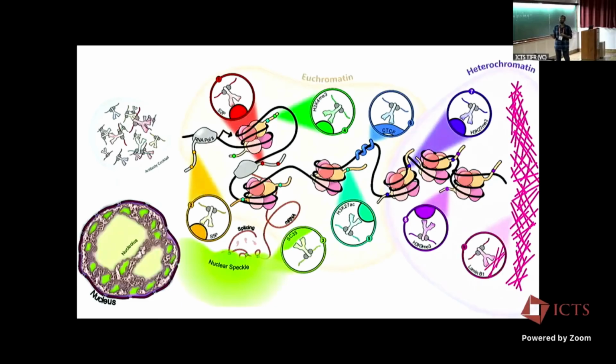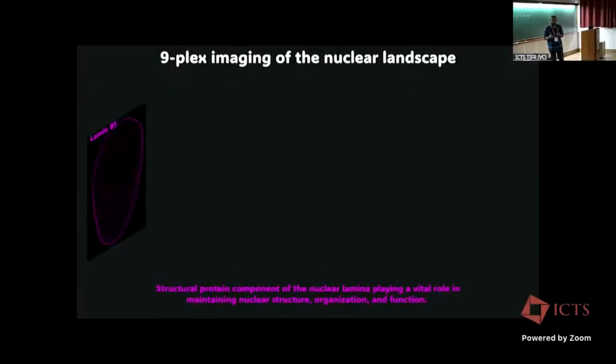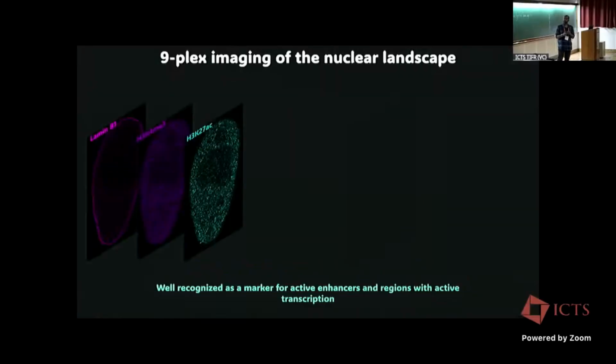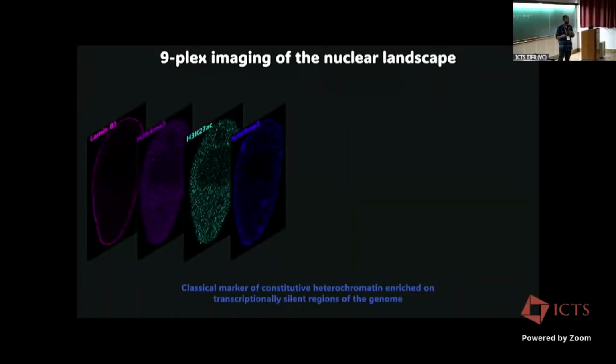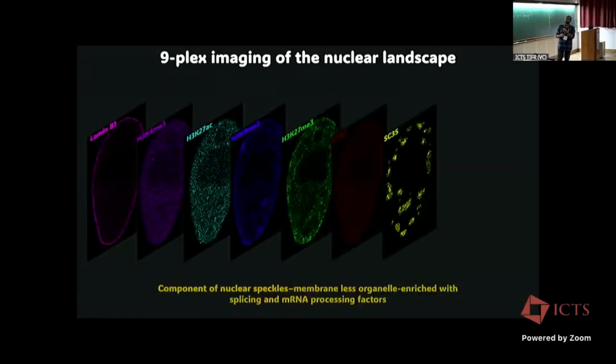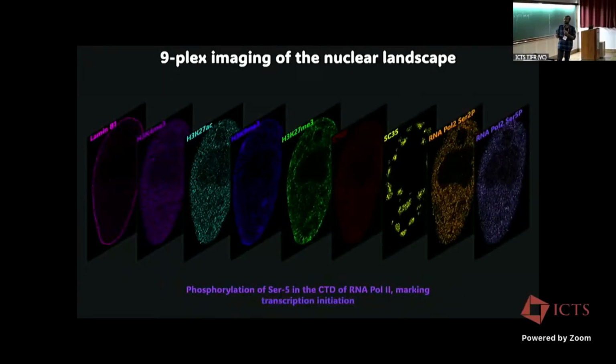So we are covering factors which are predominantly located in the euchromatin and also factors which are predominantly located in the heterochromatin. And now I would like to skim through these images where we are looking at each target. So these are 9 rounds of DNA-PAINT imaging, and you can appreciate that you can see lamin as a ring, you can see nuclear speckles as these sort of amorphous condensates, and then each of the nuclear targets.